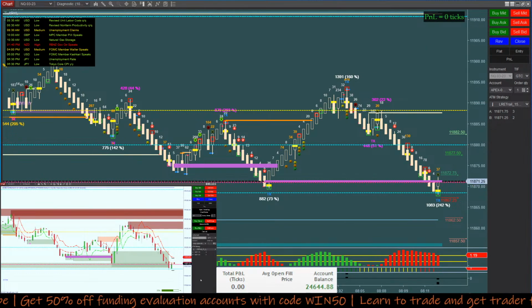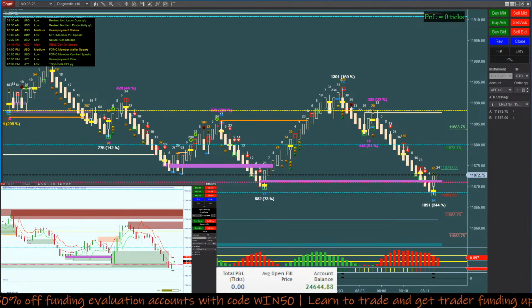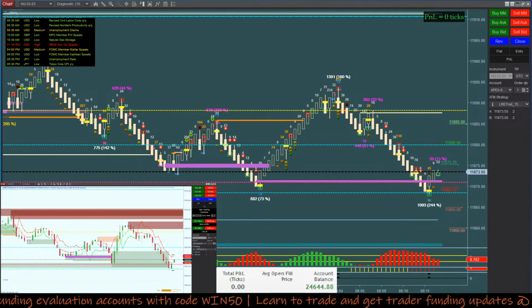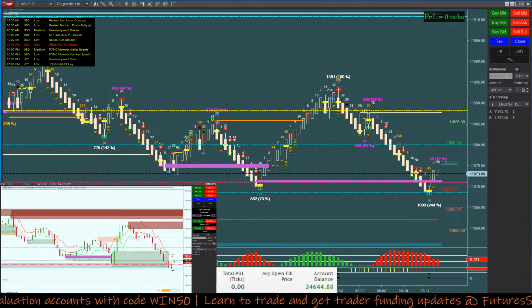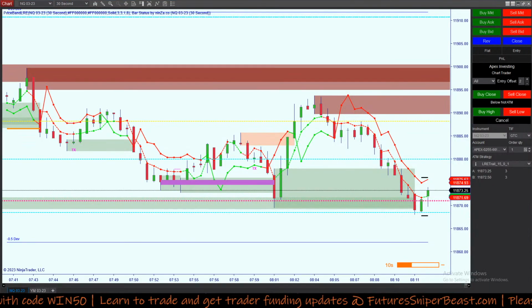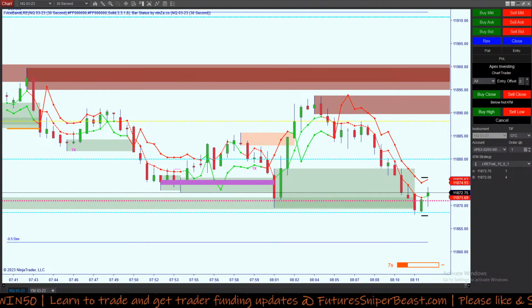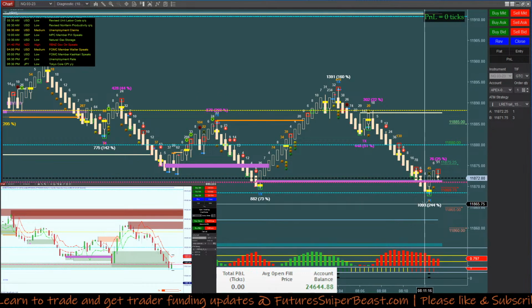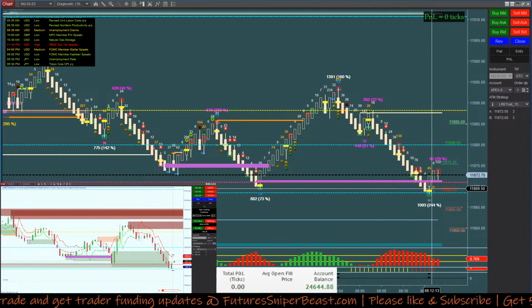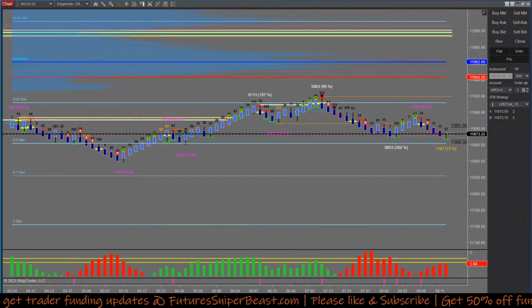Got some nice levels up at 12,000. Now, I wouldn't want to take this pullback just yet, because it didn't quite break this flux wall area. We have a TX here, 30-tick chart.